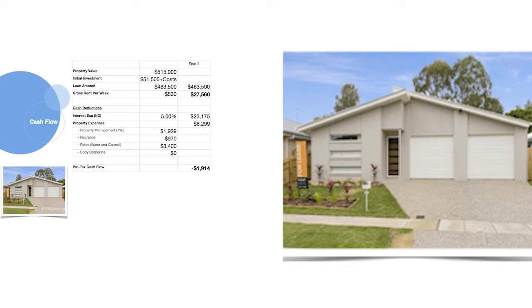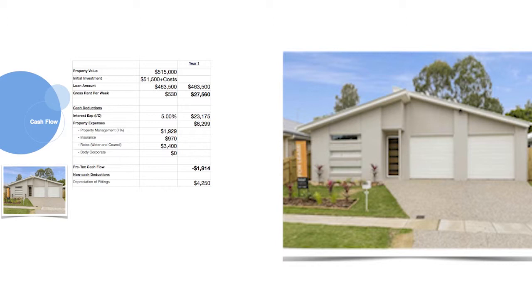utilizing something called depreciation. Now, with depreciation, you're able to depreciate both the fittings and the building itself. So for depreciation of the fittings and the build, you can see here I'm able to claim $4,250 of fittings, $6,250 of the build depreciating per year. Now, it's important to mention here that at the moment, the depreciation on fittings is only applicable if the property is brand new.